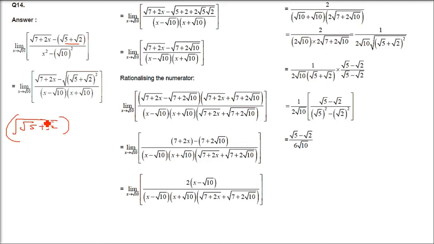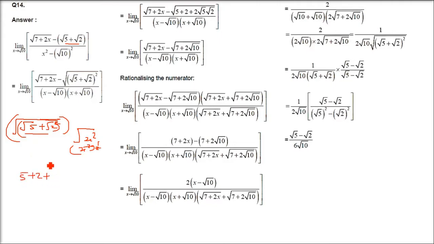Square and under root will get cancelled. If you are taking x square under root, it is going to be x. So this is root 5 plus root 2 whole square under root, which is the same as root 5 plus root 2.